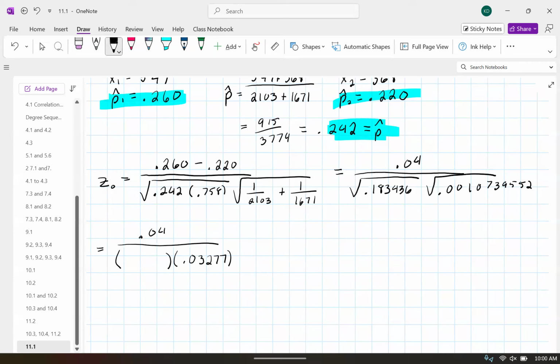The other one, square root of 0.183436. I just divide. All right, 0.04 divided by parentheses 0.2483 times 0.03277. Oh, good. That gives me roughly 2.85.